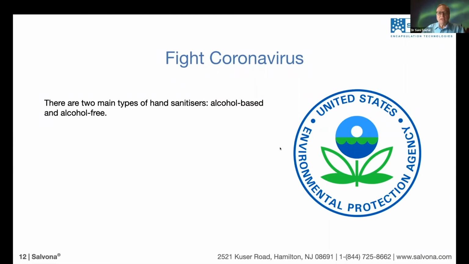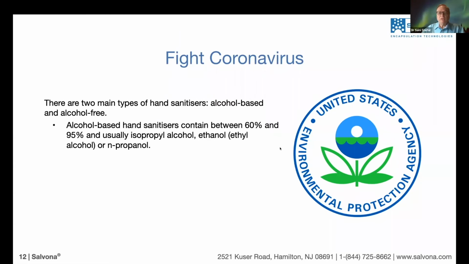As you know, in terms of the regulation in the US, there are two types of treatment. One of them is alcohol-based. Alcohol means anywhere between 60 to 95%. You see, 100% doesn't work well, so up to 95%.